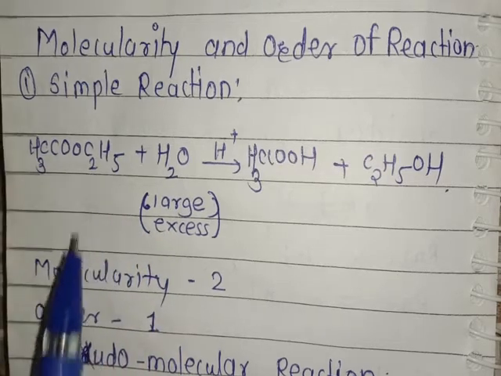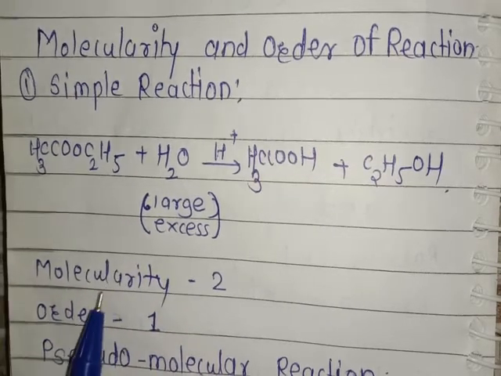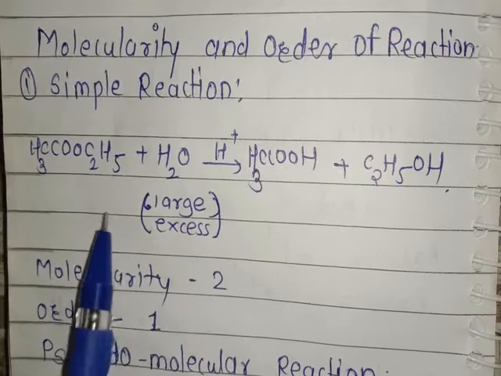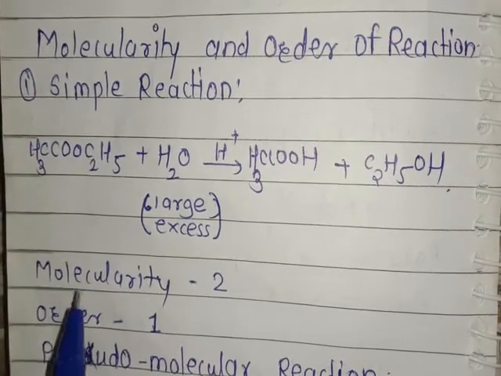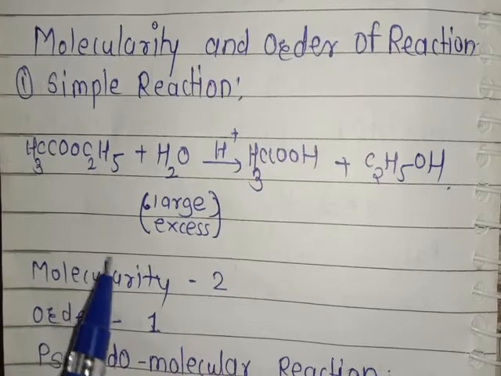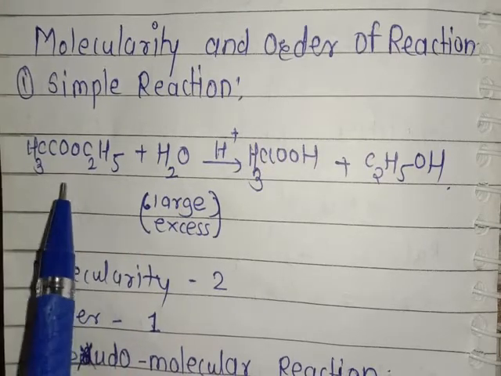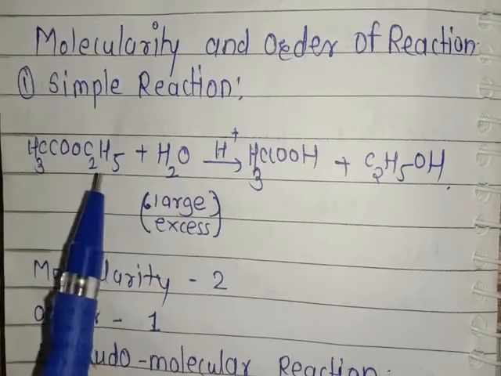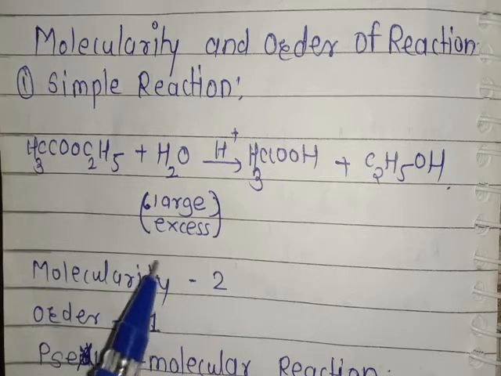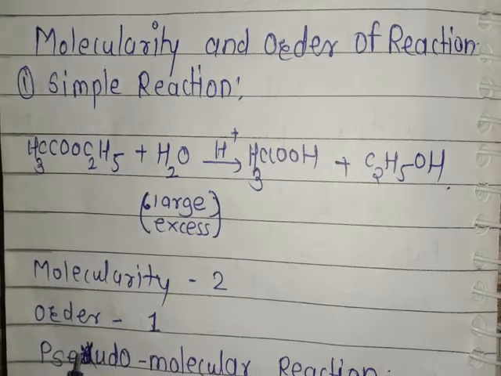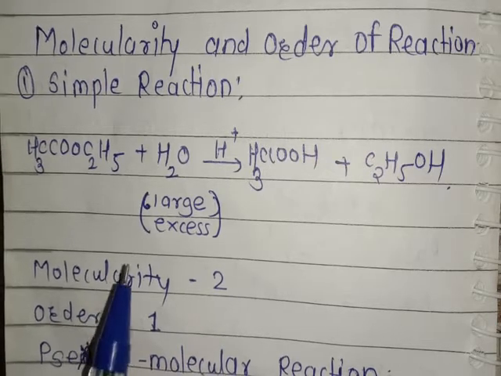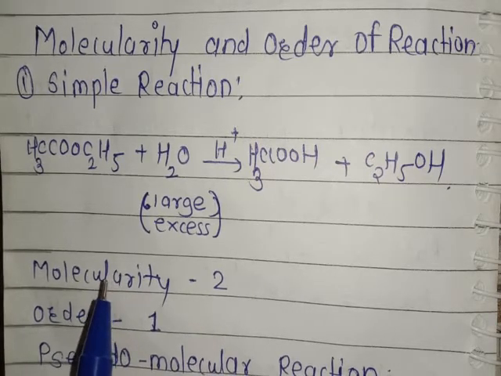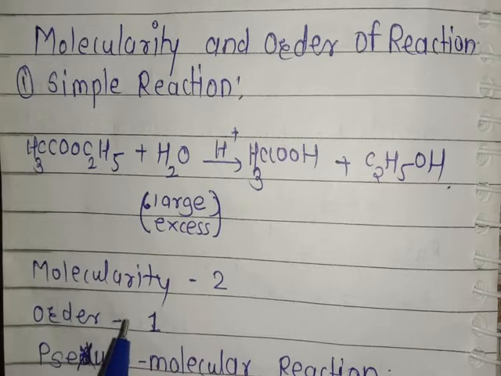So for this reaction, the molecularity is 2 and the order is 1. So what is the molecularity? Molecularity is the number of molecules involved in the reaction, while the order is the reactant molecule which is present in the rate determining step.